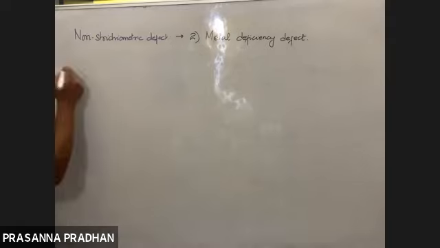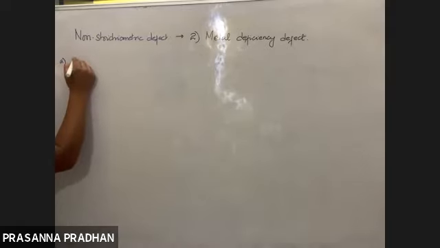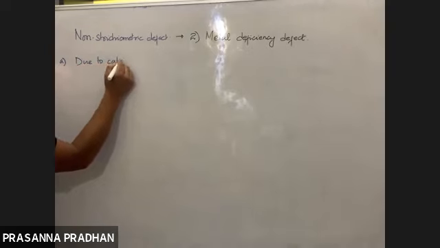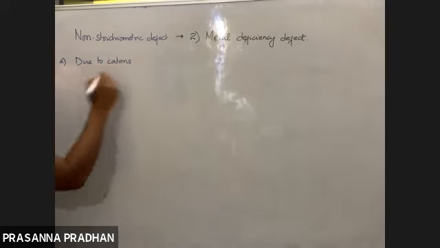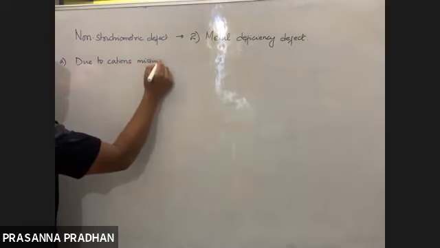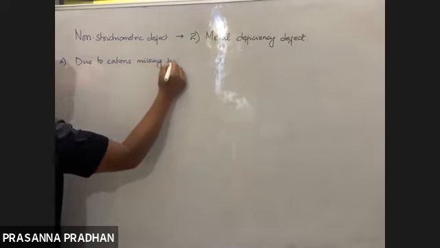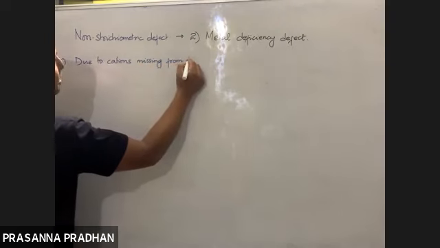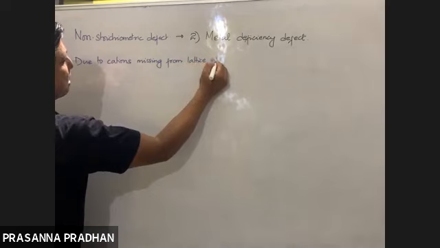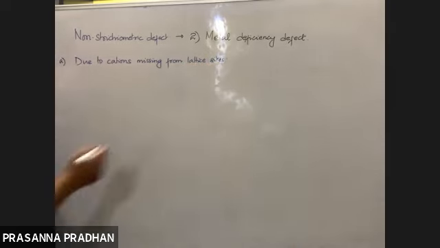So number 1 metal deficiency defect is due to cations missing from the lattice sites.